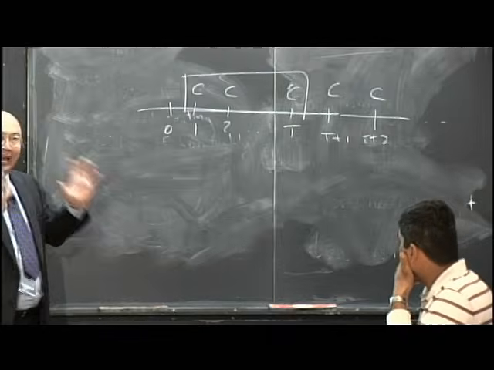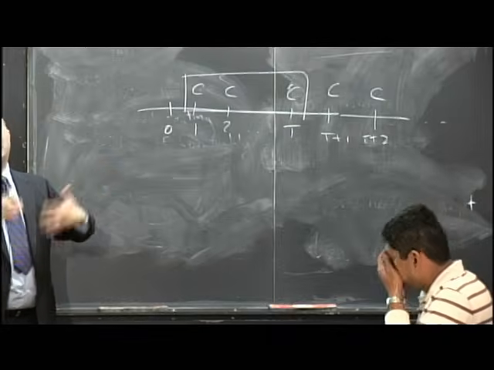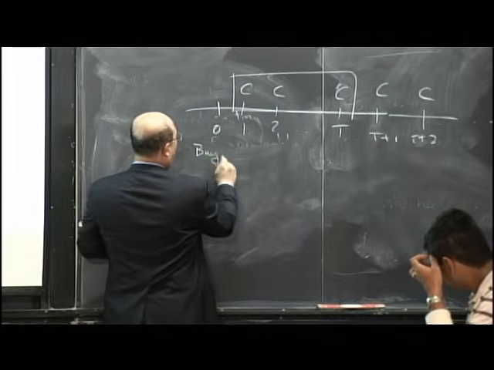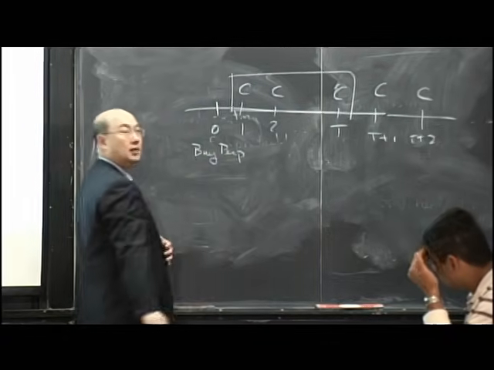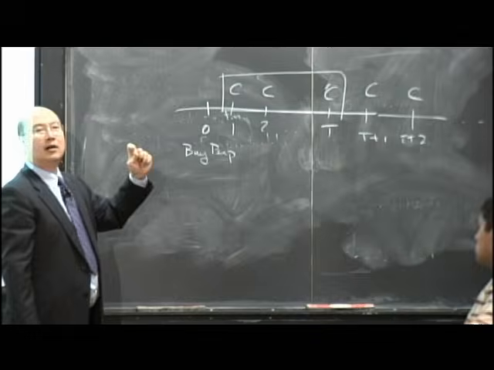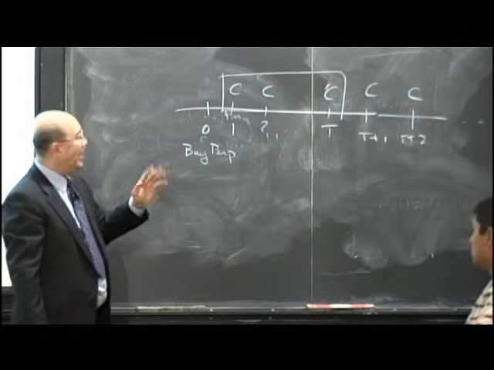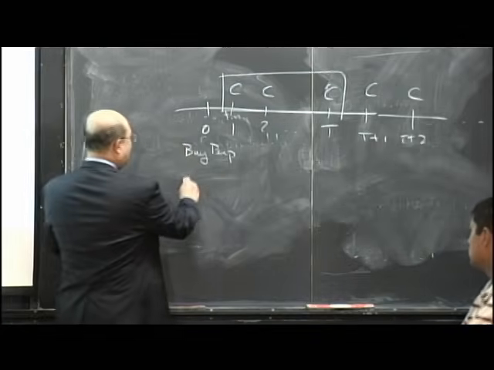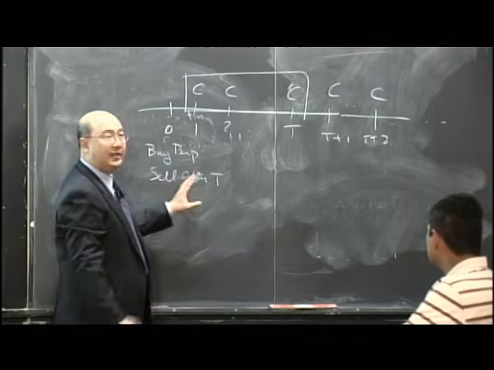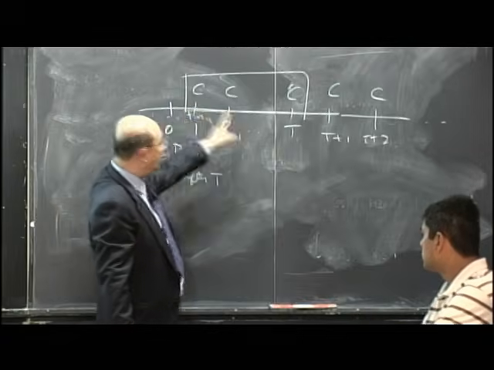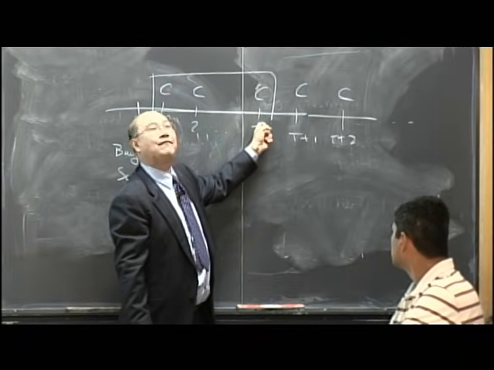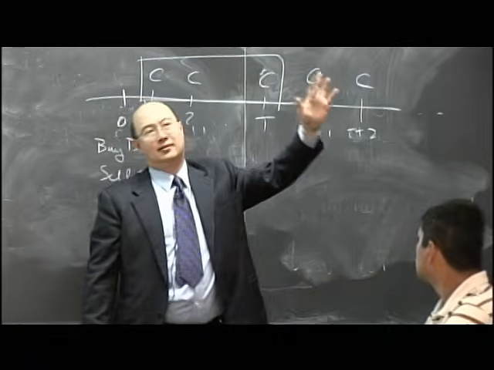So what I claim is that if you engage in the following transaction, at date 0, you buy a perpetuity, and you also agree to sell that perpetuity after date T. What that means is that you will hold on to the perpetuity until it pays you C dollars, and as soon as it does that, you sell it.